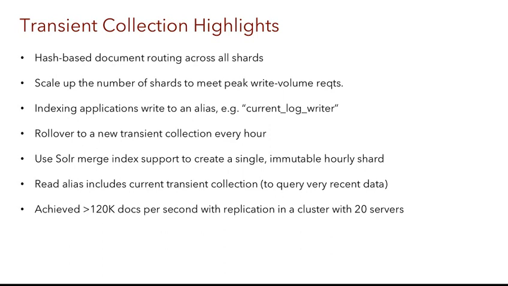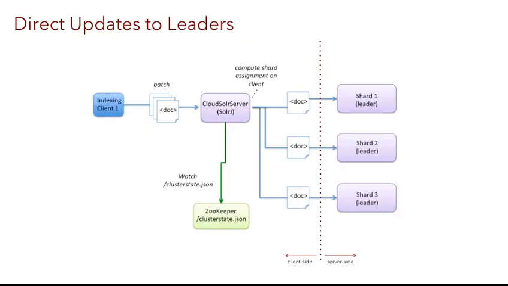So again, the beauty of this transient collection is that it just uses the built-in hash-based routing in SolrCloud, and you can scale it up to meet your peak write load without suffering any of the problems of the time-based single shard thing that I mentioned. So okay, I talked to that slide.